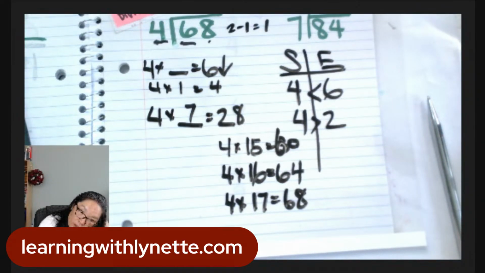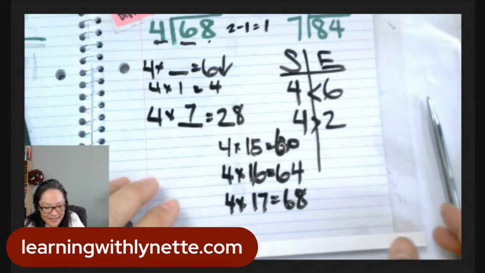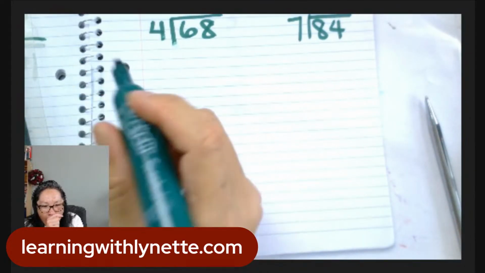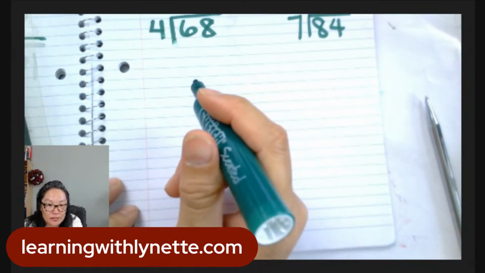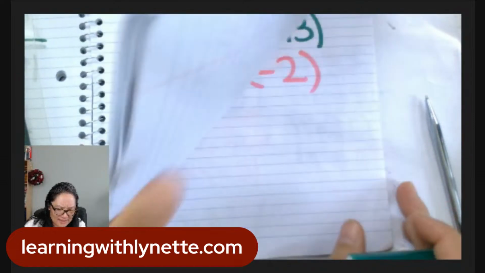Can you do a division problem with a decimal? Excuse me, I want to see decimals. We could do it right now. We can do it now, because that's easy.